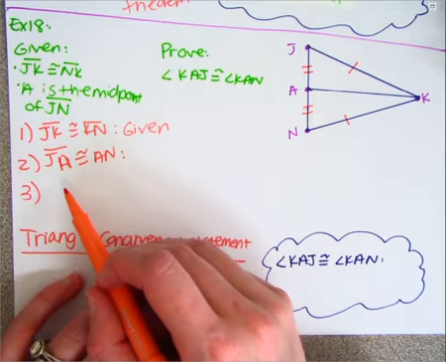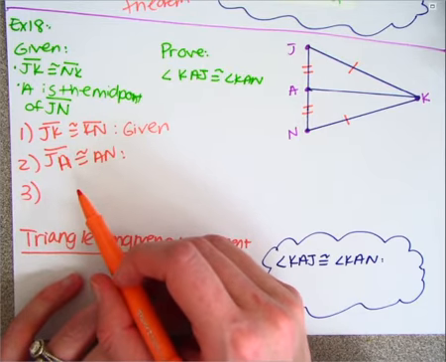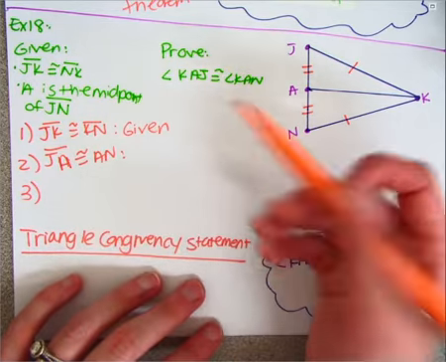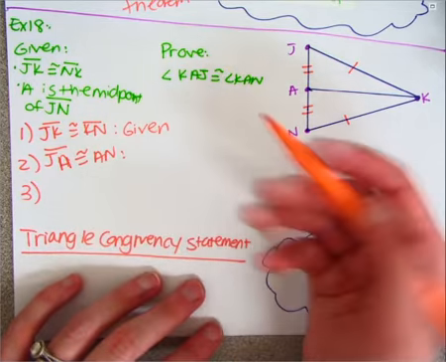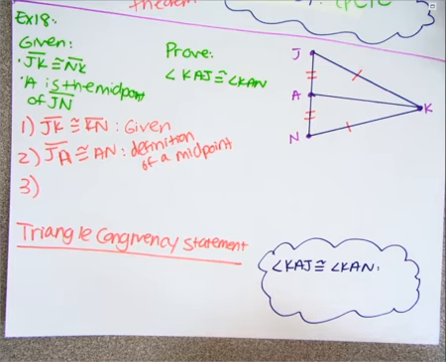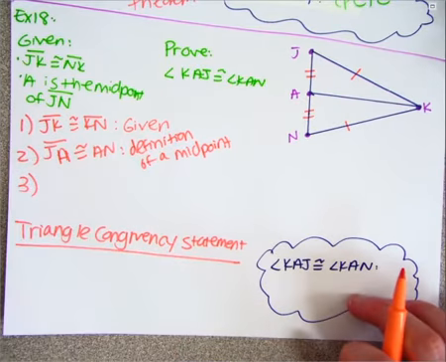So the reason why I know these are congruent is because that's what it means to be a midpoint. So I'm going to call this definition of a midpoint. That's what it means to be a midpoint, that something's in the middle and creates two congruent segments. So I know that these are congruent because A is the midpoint.